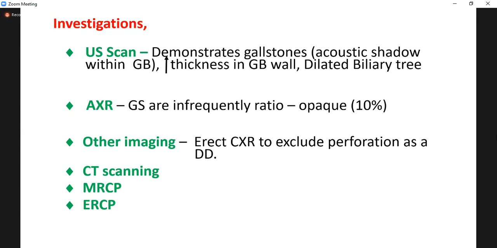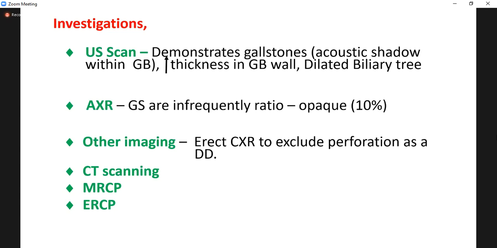The enthusiastic medical students and house officers will accompany this patient to the radiology department, and you will present this patient summary to the radiologist, and the radiologist will teach you the ultrasonic features of acute cholecystitis. So these are the features: increased thickness of the gallbladder wall, especially in recurrent disease, and if there are stones in the biliary tree, you will see a dilated biliary tree.